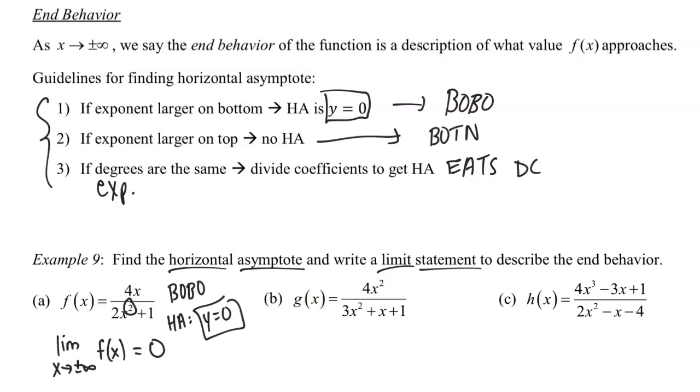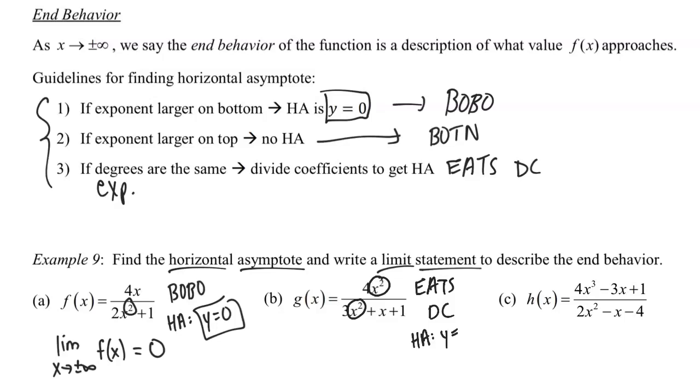Okay, letter B, we have g of x is 4x squared over 3x squared plus x plus 1. Now notice here that the exponents are the same. We have an x squared and an x squared in both the top and the bottom. So this is going to fall into that third category of EATS DC, which means that in order to find the horizontal asymptote, we're going to say that it's y equals the ratio of the coefficients.